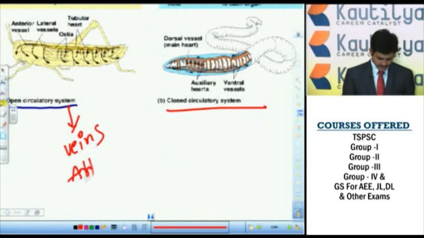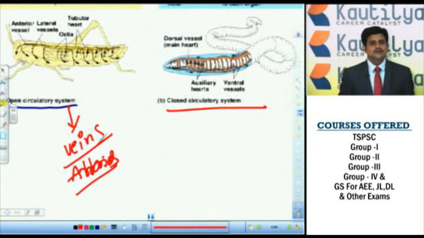Veins and arteries are not present in this system. Blood flows in between the cells, and we call that space the intracellular space. It doesn't have any separate pathways like veins and arteries, and it is mainly through the diffusion process.